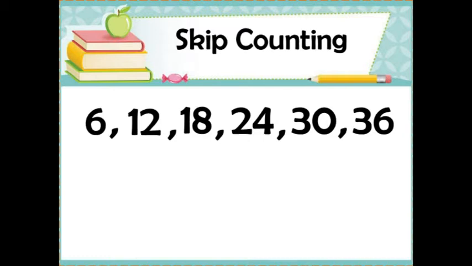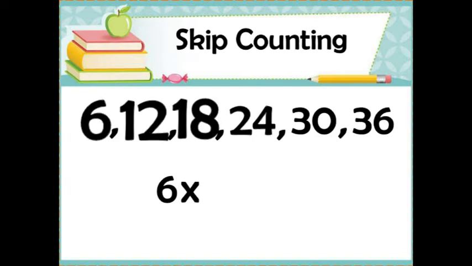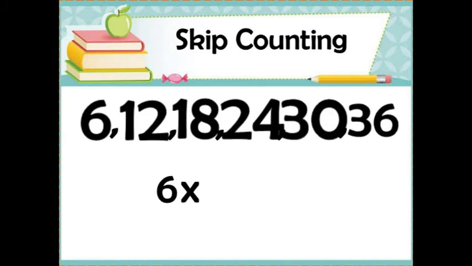So we are just going to write number 6. And then all we have to do is write the multiplication sign. After the multiplication sign, we count how many times we skip count. So we are just going to count 1, 2, 3, 4, 5, 6. So we skip count 6 times.